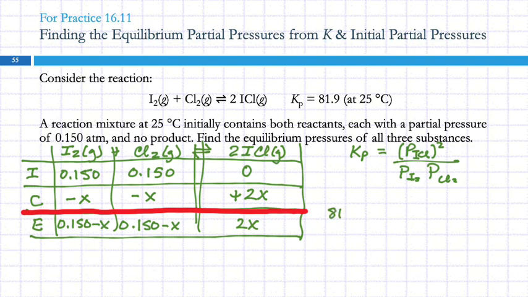Kp equals 81.9. In terms of X, the equilibrium pressure of ICl is 2X. We have 2X squared. And then down here, I get 0.150 minus X, multiplied by 0.150 minus X. So I can just call that the quantity squared.